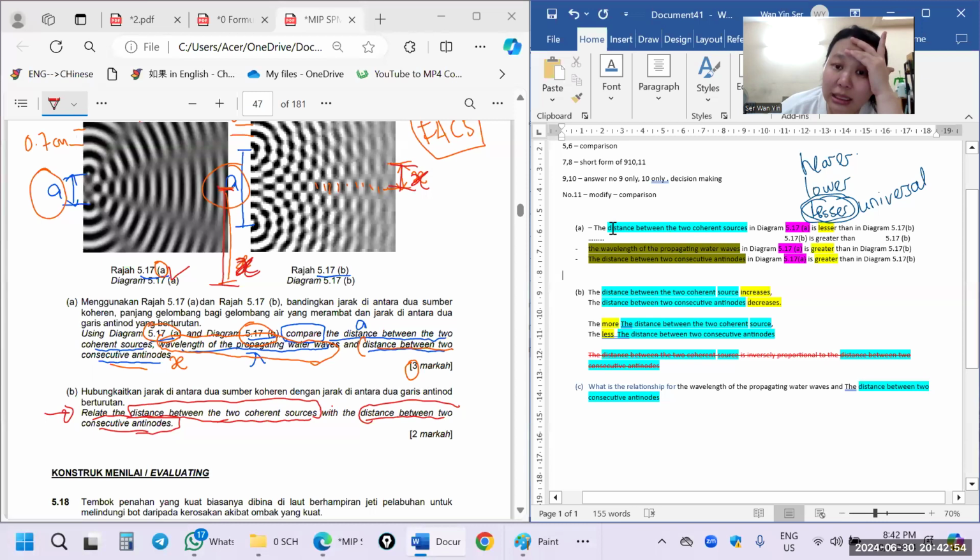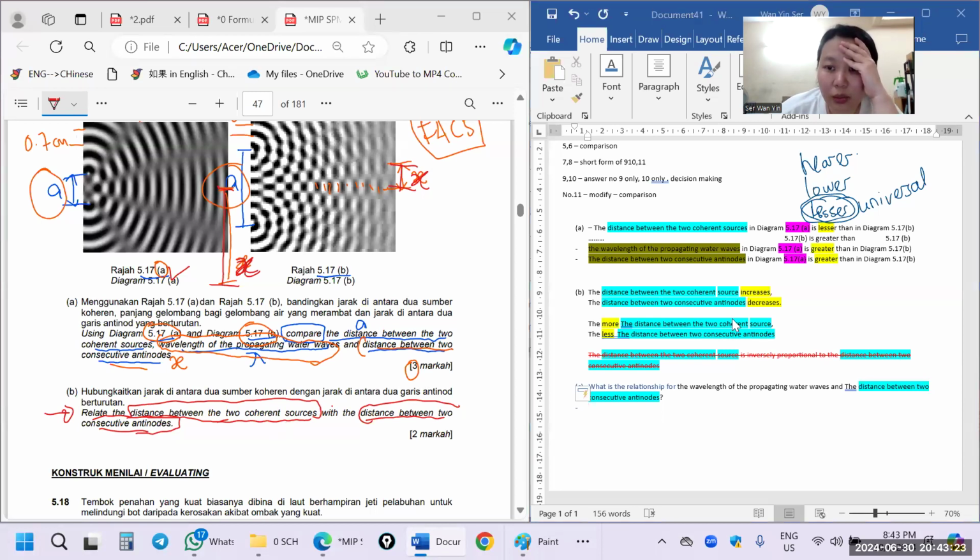Just now is sentence 1, relationship between sentence 1 and sentence 3. Now is the relationship between sentence 2 and sentence 3. Let's write your answer first. Later I tell you. I give the answer here.